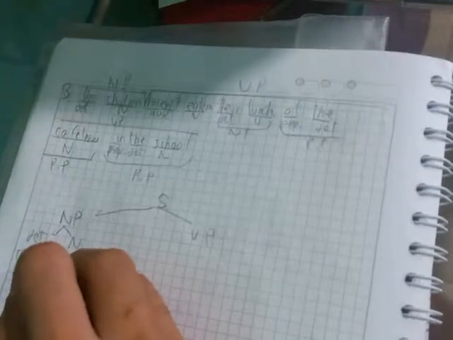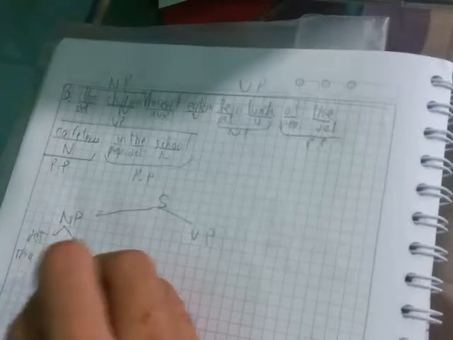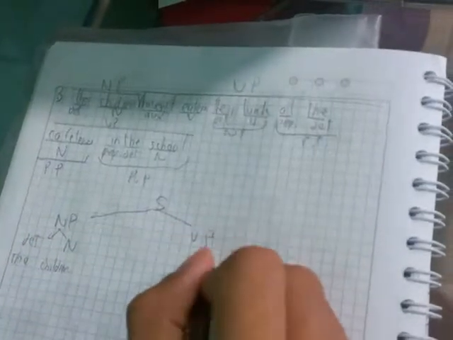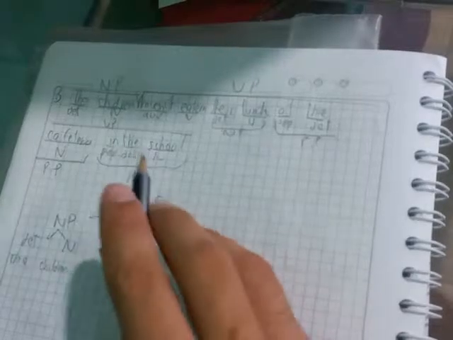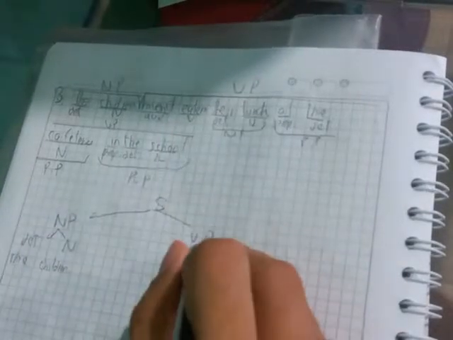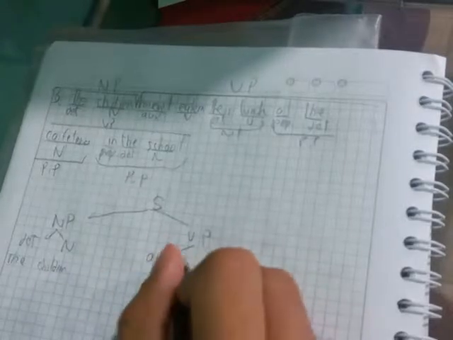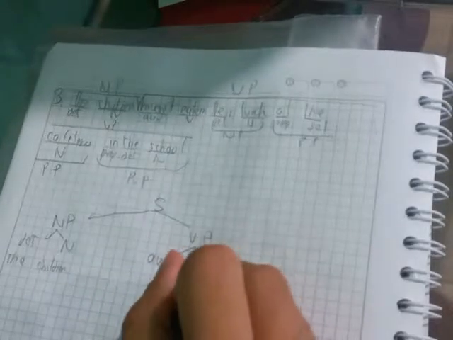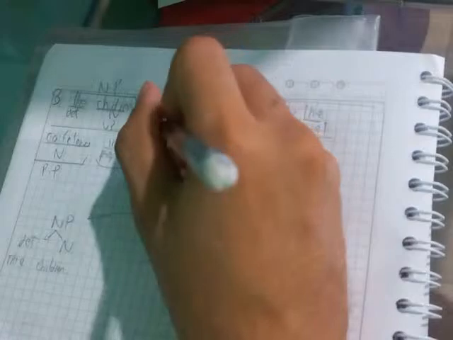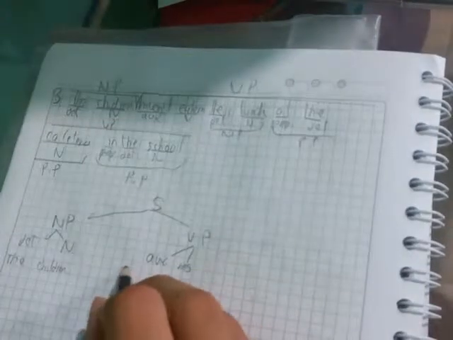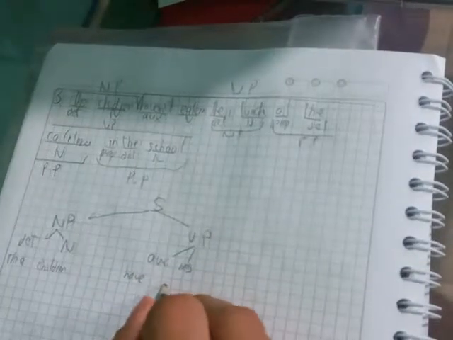The children. Let's continue with the verb and an auxiliary. This will be the auxiliary and the negative, because we have have and not. Then we have the have and the not.